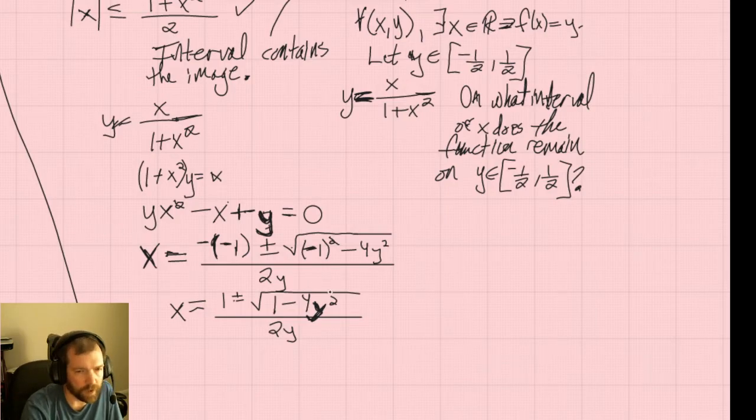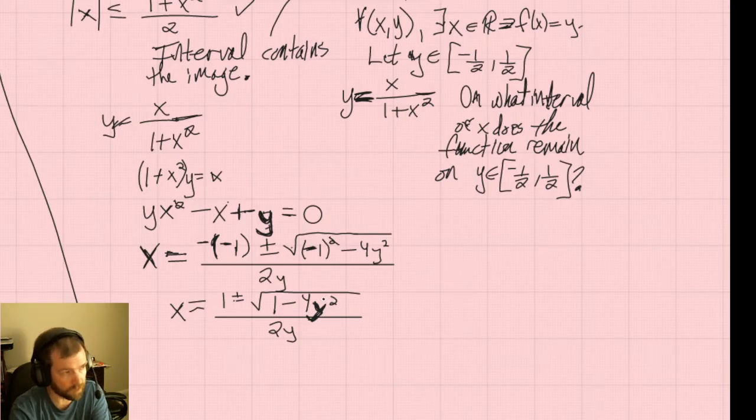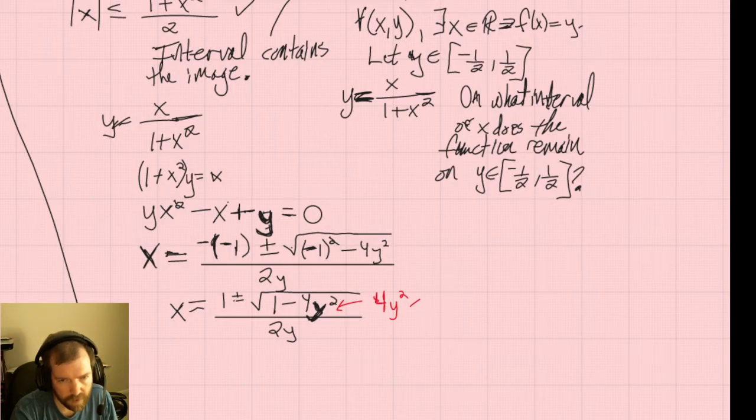Y has a maximum value of 1/2. When you square it, it has a maximum value of 1/4. Times 4 is going to get us a maximum value of 1. So 4y squared is less than or equal to 1.